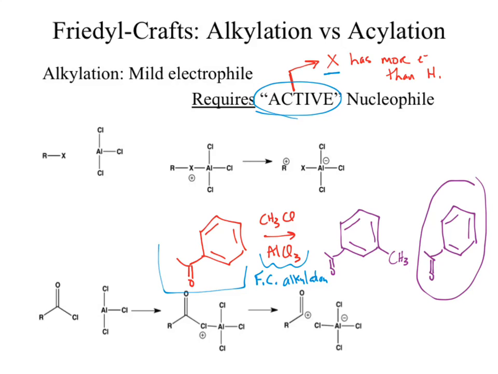What's atom X? Our carbon on the ring. Does that carbon have more electrons than hydrogen? No. Through resonance, we generate a formal positive charge on that carbon, which means it is a deactivated ring. The deactivated ring will not react under Friedel-Crafts alkylation reactions. We get no product. We get our starting material.